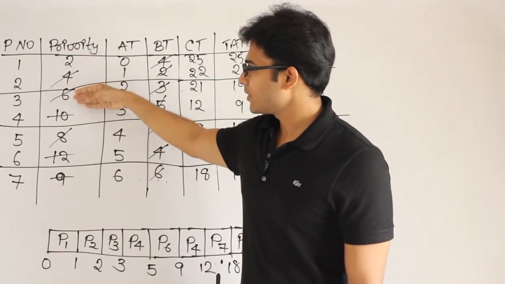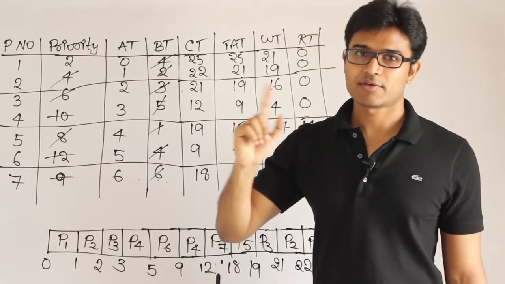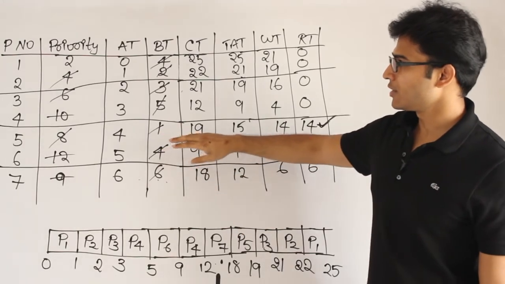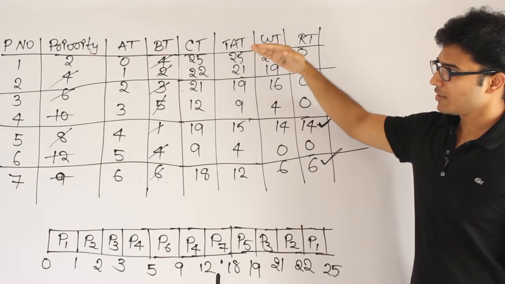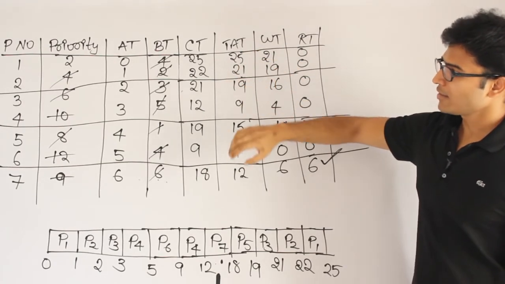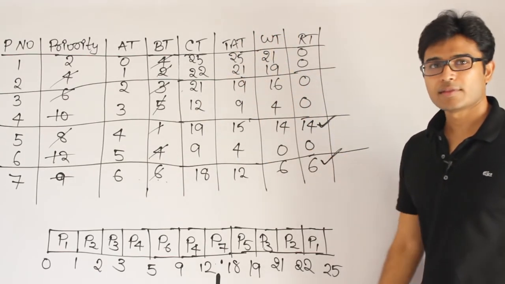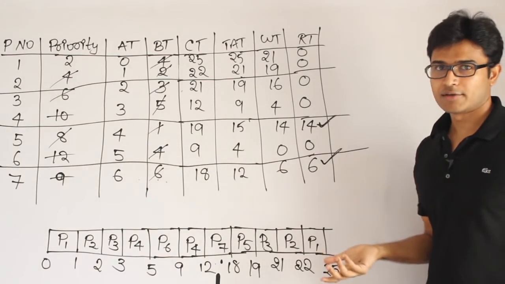Therefore, as and when they are available, they are immediately scheduled until the next highest priority process becomes available. So in this model, whenever the process which has arrived has a priority higher than all the processes already present, it is going to get a response time of 0, because it is going to be scheduled immediately, right?